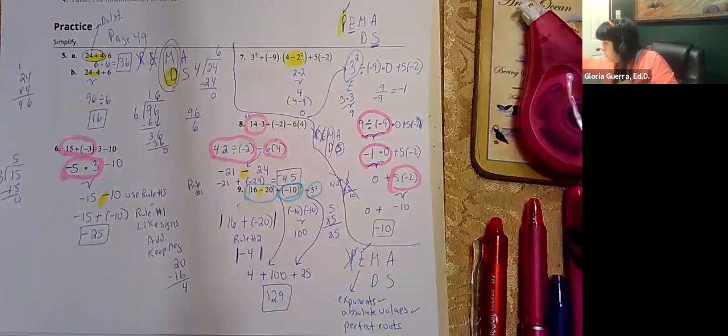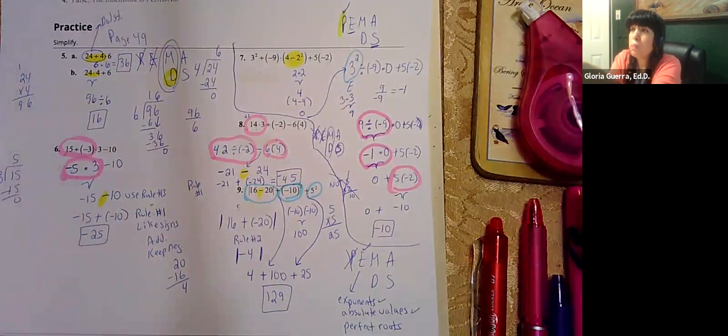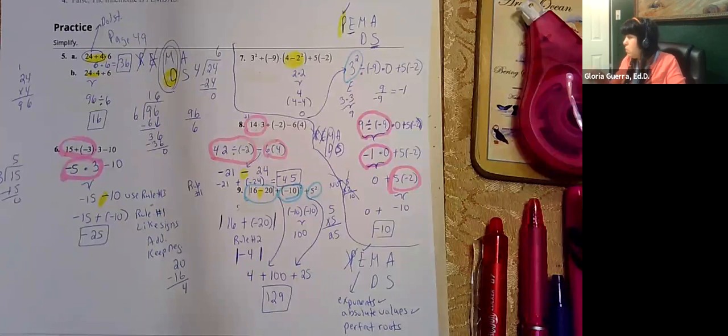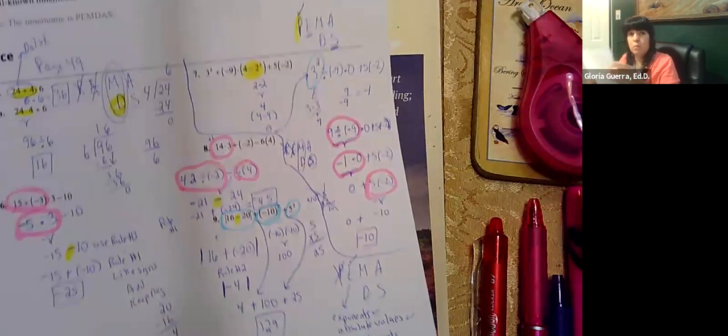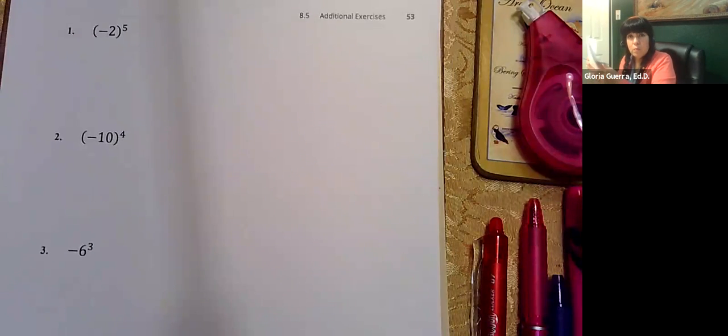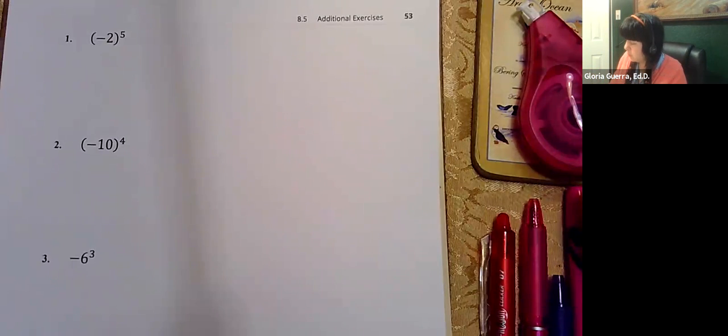Okay, now let's see. The next page. Let's look at page 53. Okay, so -2 to the 5th power.